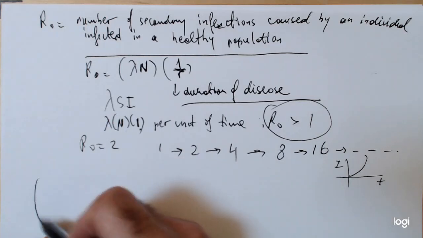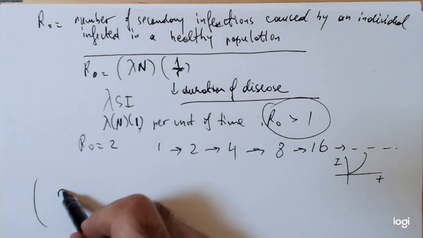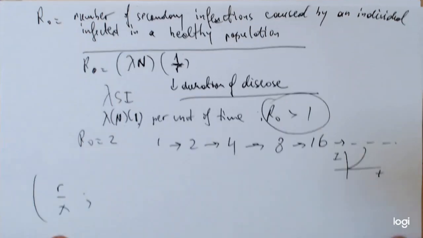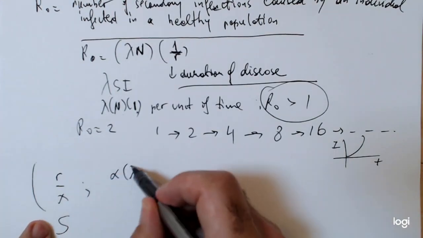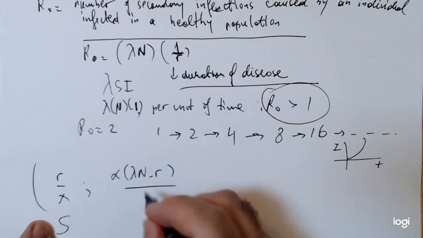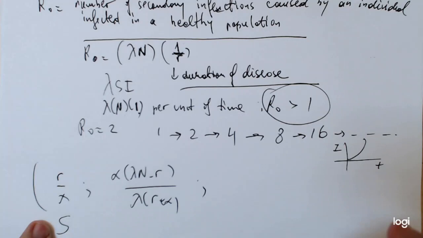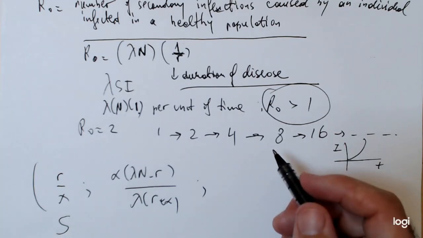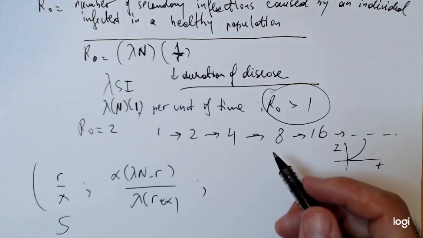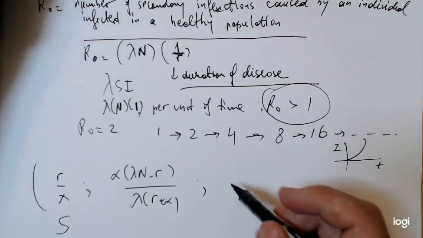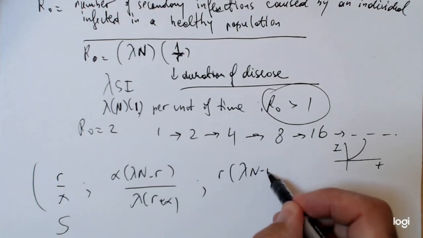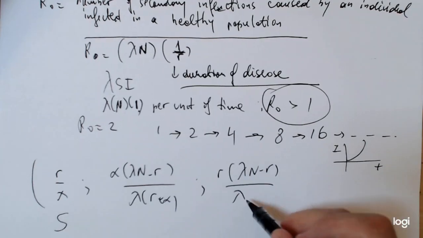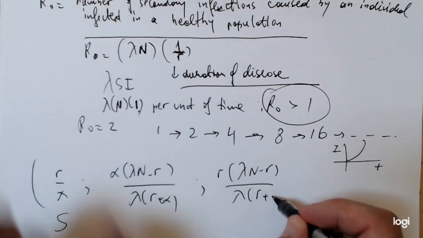So if you go back to the endemic equilibrium point values, we had R over lambda for S, alpha lambda N minus R over lambda R plus alpha for I, and I think, let me see, because I computed that before, the recovery class was R lambda N minus R over lambda R plus alpha.